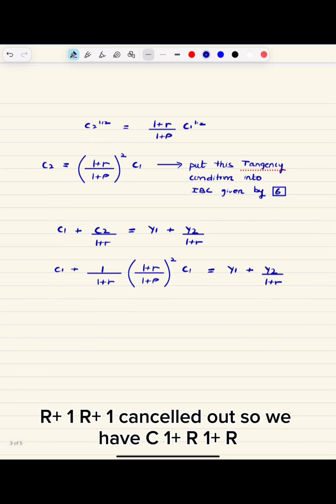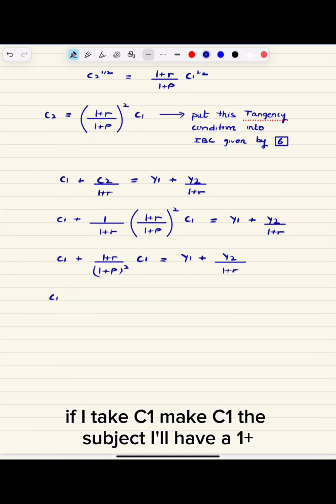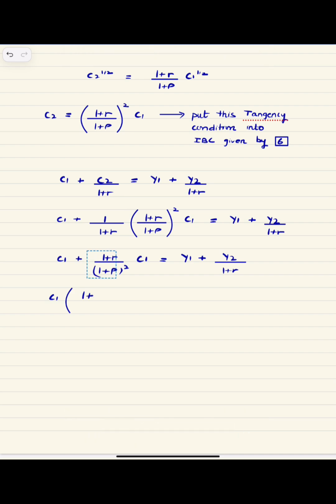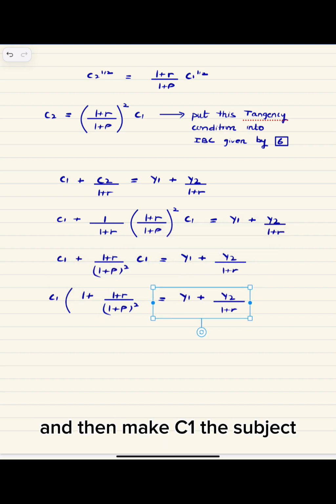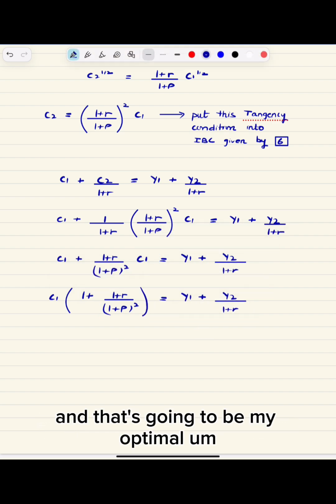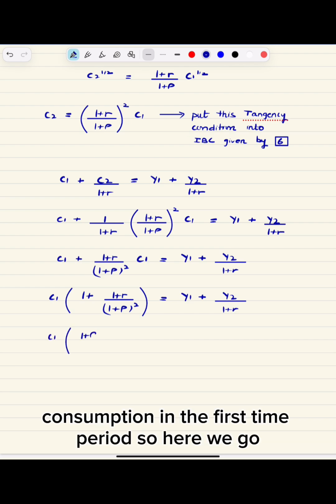The 1 + r cancelled out, so we have c1 plus (1 + r) over (1 + rho) squared times c1 is equal to y1 plus y2 over (1 + r). If I take c1 and make c1 the subject, I'll have 1 plus this expression. Then I can make a common denominator and make c1 the subject, and that's going to be my optimal consumption in the first time period.